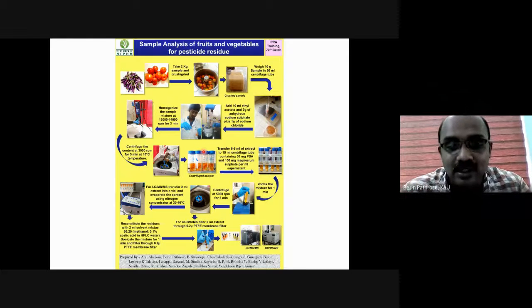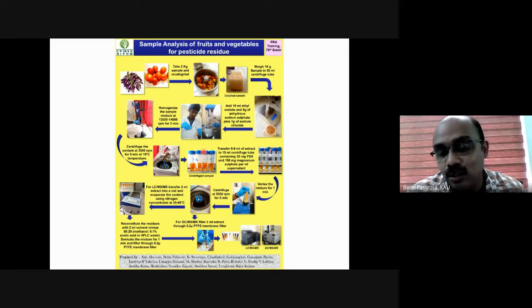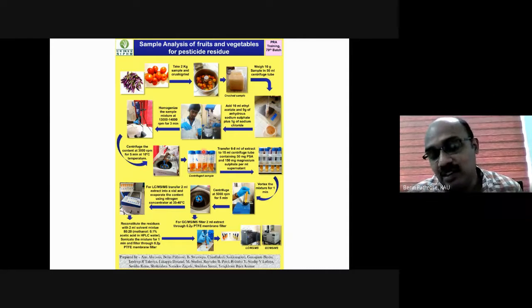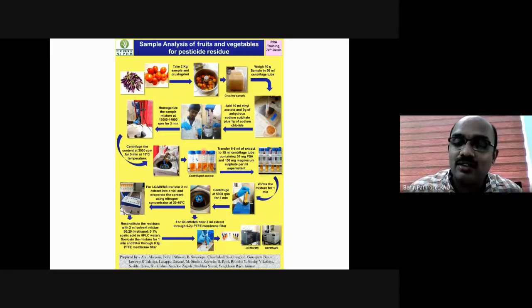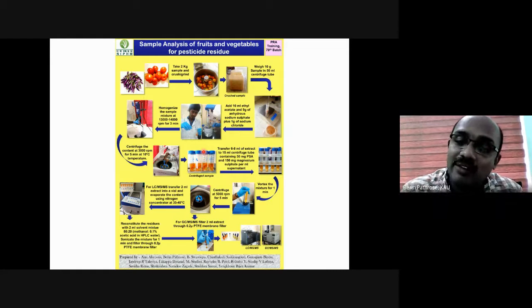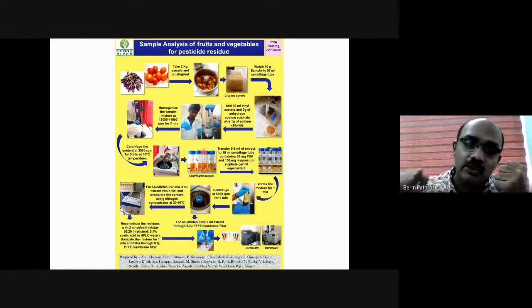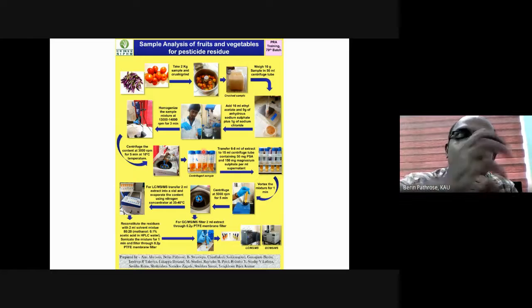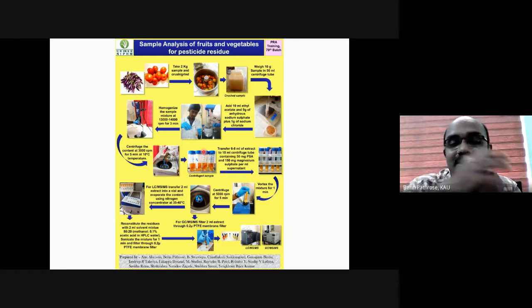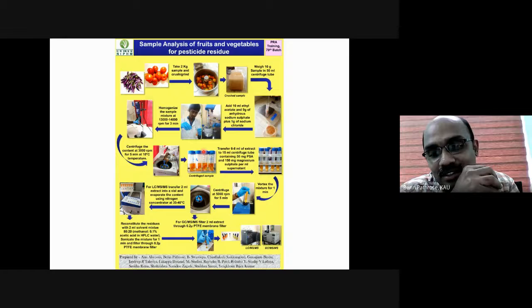what happens is these ions in the solution will try to attach to the substrate, say tomato, bindi, or any vegetable or fruit. The substrate will already have the pesticide. So this high concentration of ions will knock out all the pesticide molecules from the substrate, and the ions will bind onto the substrate.